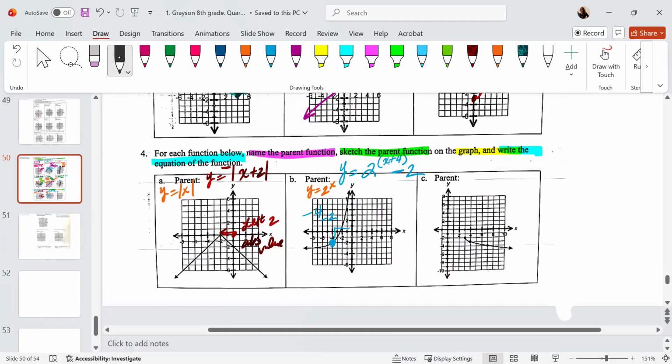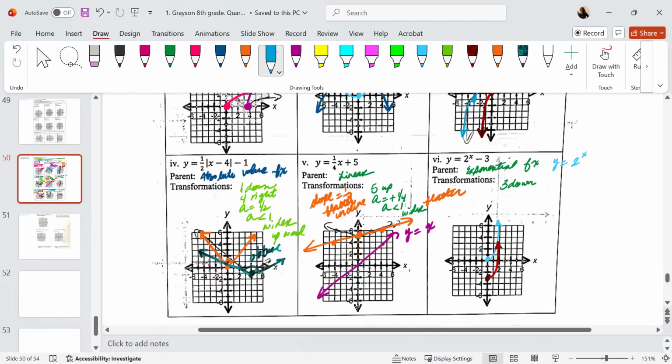The parent function is right here. I will just draw this like this. Label that as the parent function. This will be the parent function for that. And the parent function of this one will just be like that. So the parent function for the letter C is y equals x cubed. Is it cubed or no?